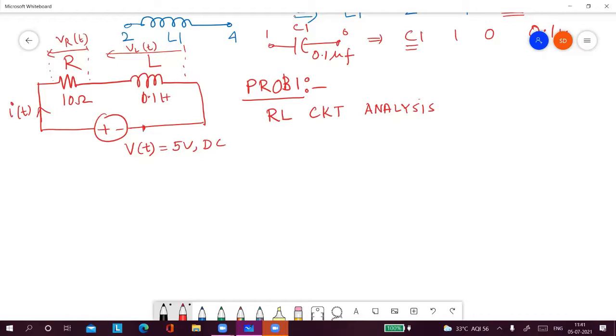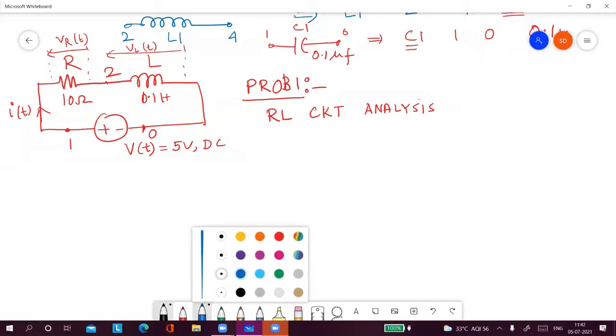To describe the circuit, let us assume this is node 0. Remember, the ground node we always consider as 0. This node is 1 and this is 2. There are 3 nodes: the ground node, 1 and 2. This node and this node are the same, because there is no element present in between.